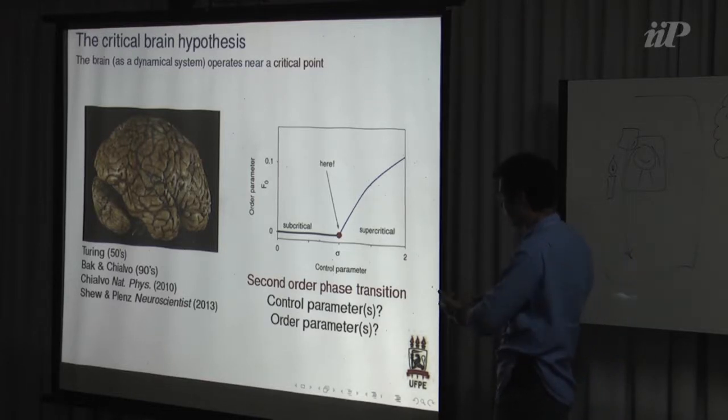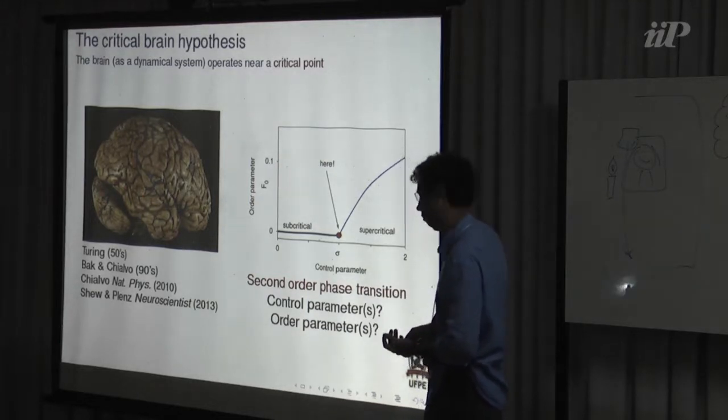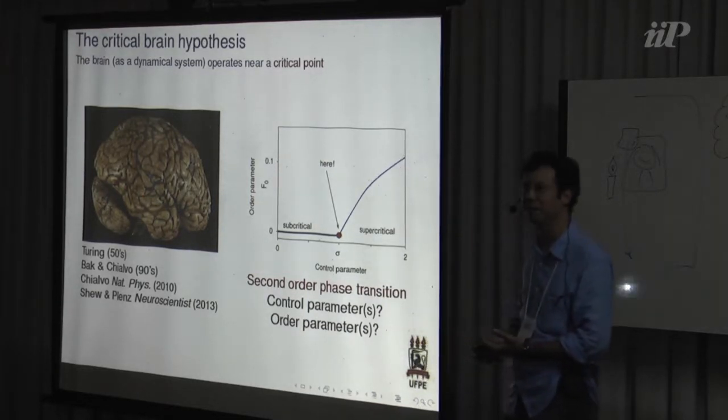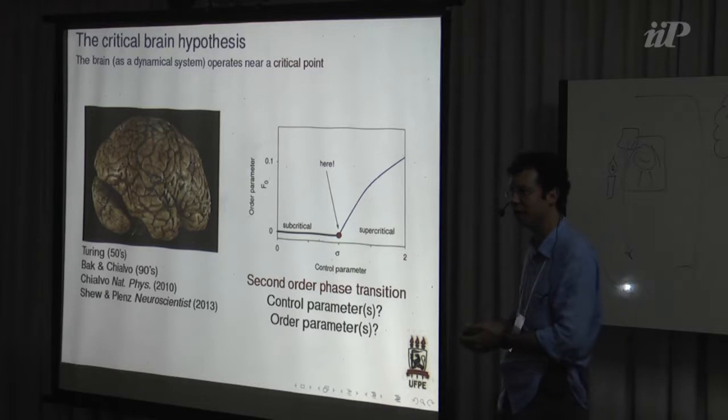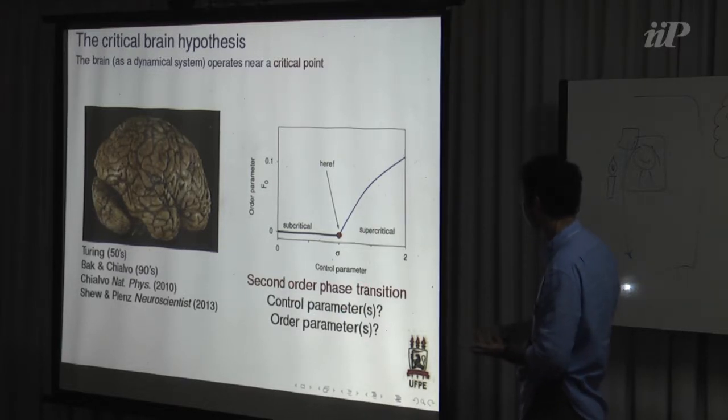So if you try to do theory, and the brain desperately needs a theory, I think this is why we are all here, in a way. People have been trying to estimate those things, or come up with ideas.